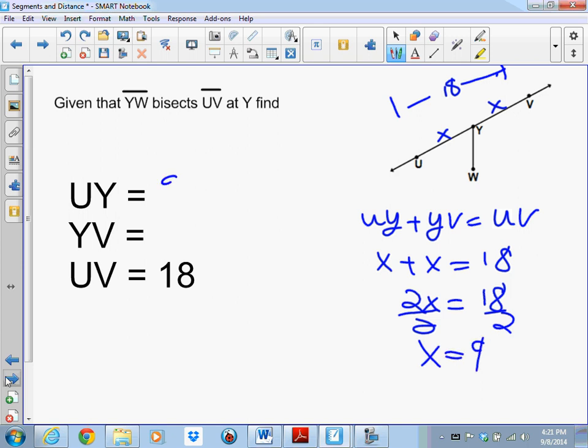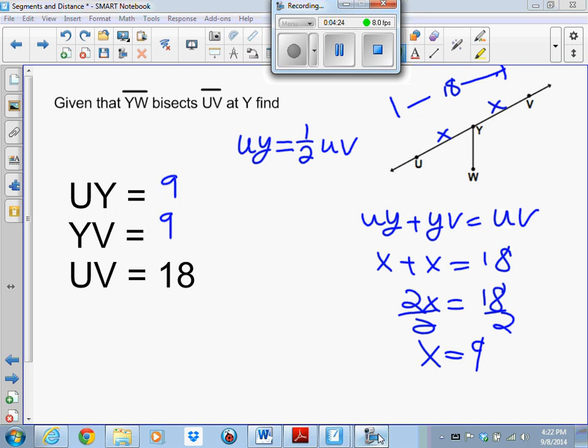So these are both 9. Another way you could do this is you could say UY is equal to 1/2 of UV. There are a lot of different formulas on these. I'll try to cover them all in this lesson, but this is the one for this problem, where one part equals half of the whole.